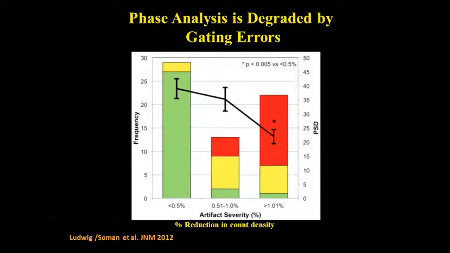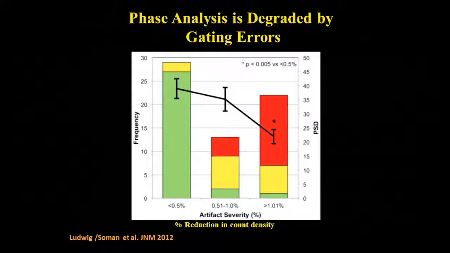Now, one of the biggest disadvantages of assessment of dysynchrony, and this would be true for any modality, would be gating errors. Dysynchrony is based on assessing the timing of contraction. So if you have gating errors, your timing of contraction is off. And if you read the nuclear literature, you would know, because you average counts over multiple cardiac cycles, your EF assessment, even in the presence of gating errors, is fairly robust.